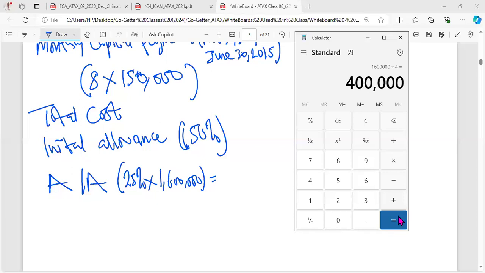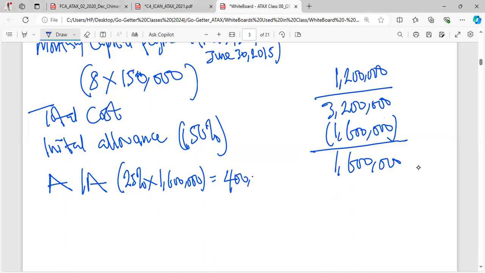That's how it is. 1,600,000 divided by 4. That's 400,000, right? That's 400,000. And now this 400,000, let me write it down here. 400,000 is your annual allowance.